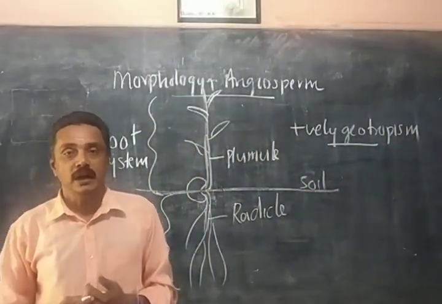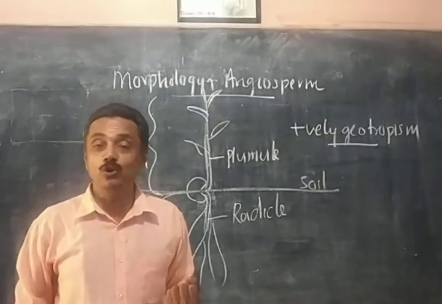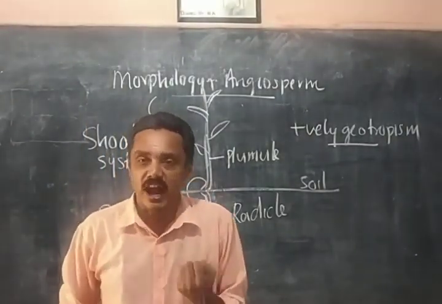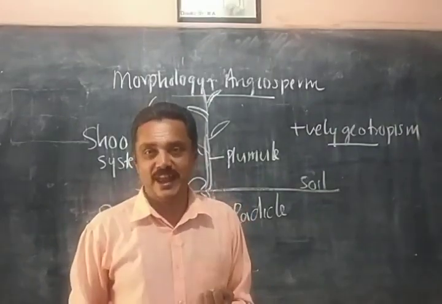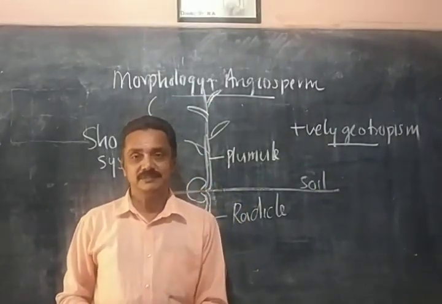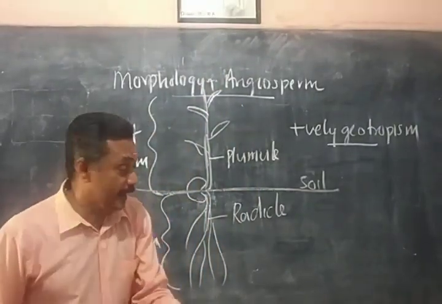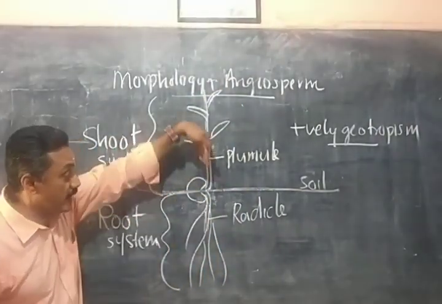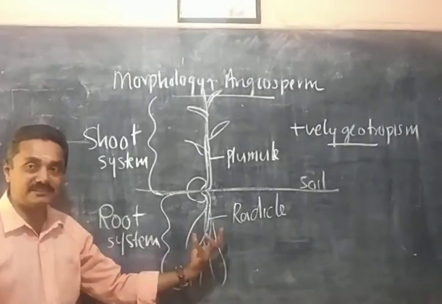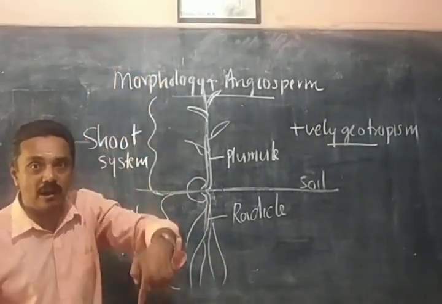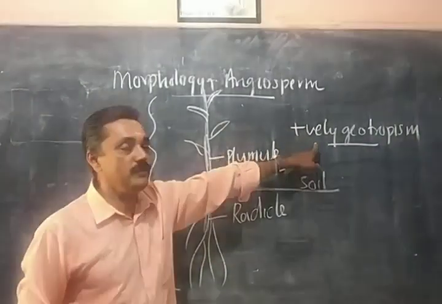Earth attracts every material towards the center. That is called gravitational force, gravity. Positively geotropic means growing towards the attraction of the earth. So root system is always growing towards the soil. That is called positively geotropic.